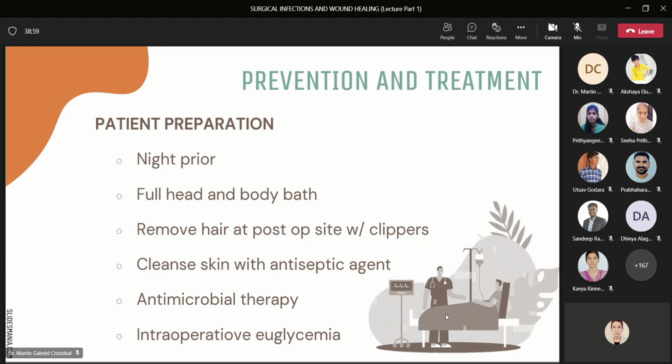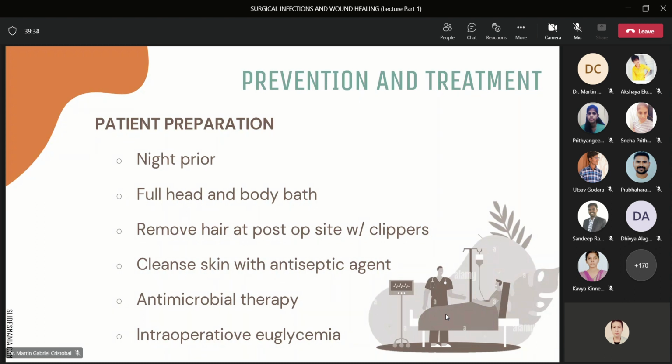A preoperative antimicrobial therapy should be given, allowing bactericidal concentration of the agent in tissues before the incision is made. So we usually give preoperative or prophylactic antibiotics an hour prior to the incision. And the intraoperative maintenance of euglycemia, with a glucose of less than, and oxygenation.